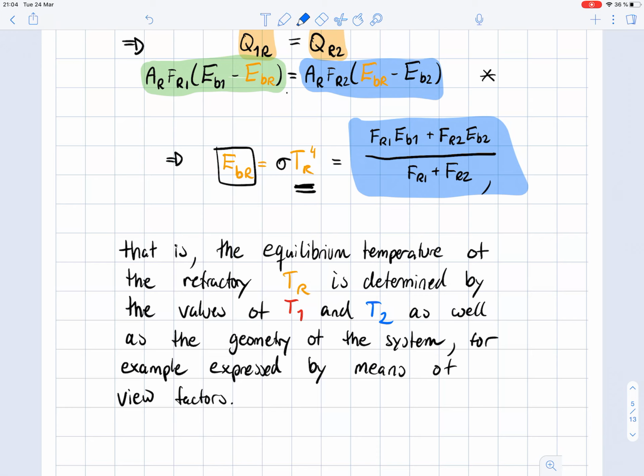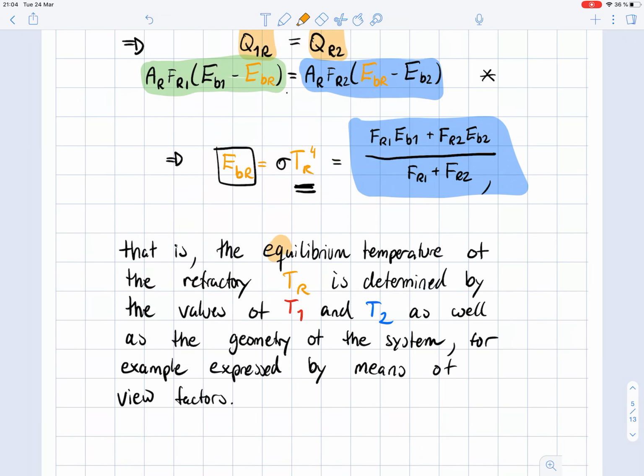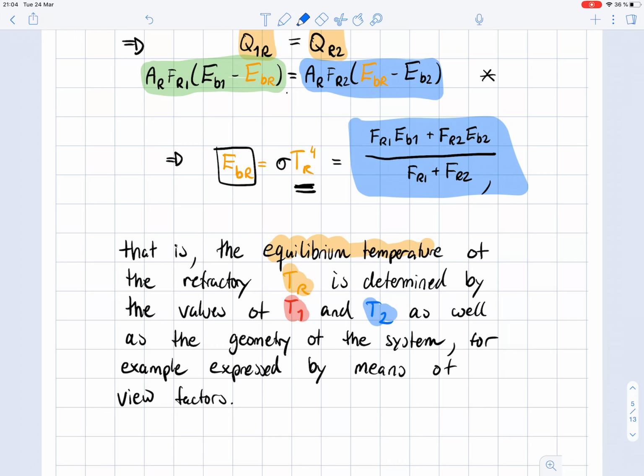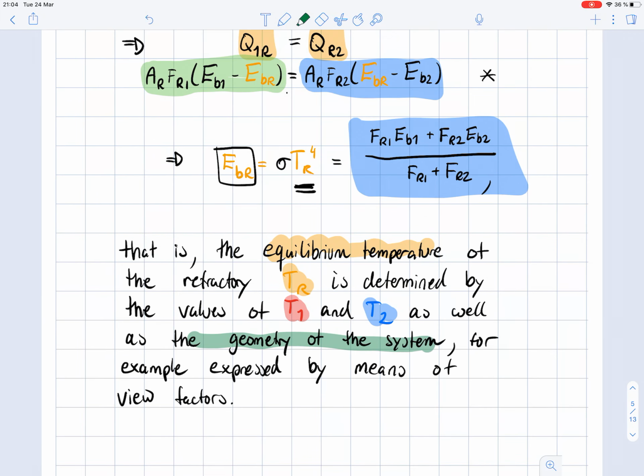So, as I stated here in words, the equilibrium temperature of the refractory, TR, is determined by the values of T1 and T2, as well as the geometry of the system, for example, expressed by means of view factors.